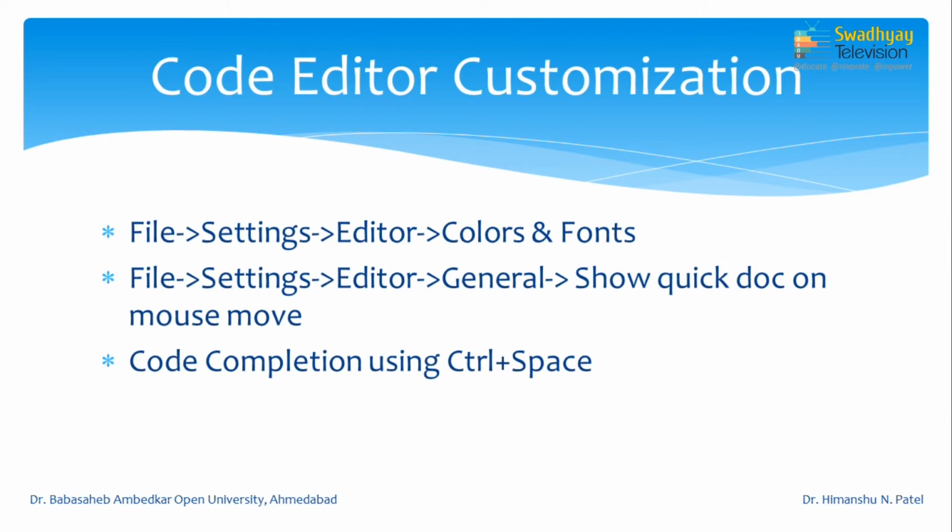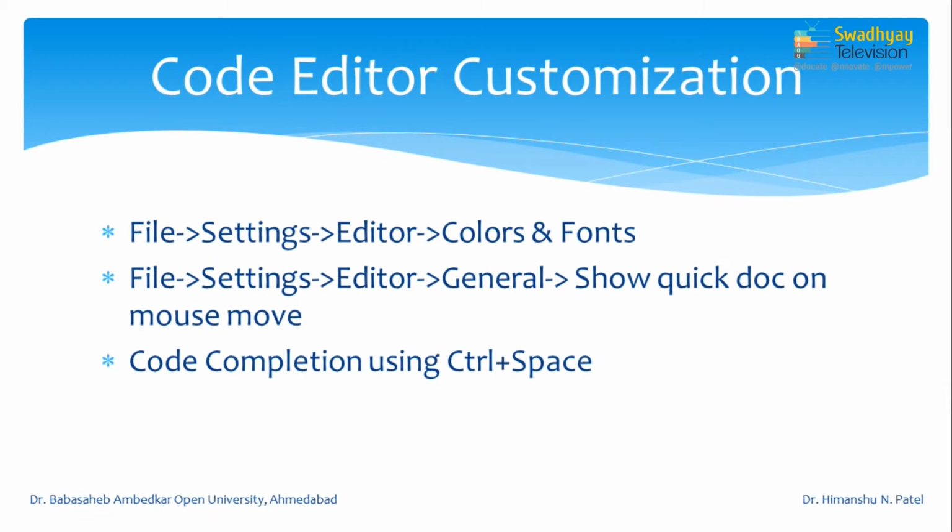And you have the option for automatic code completion using Control plus Space. That means, if you do not remember the complete method name, you can just type a few characters of the method and then press Control plus Space bar and it will automatically display all the methods or functions that start with the characters you have specified.